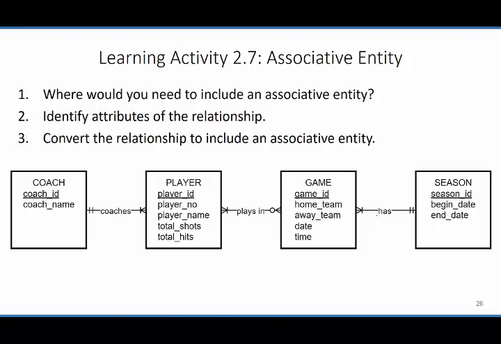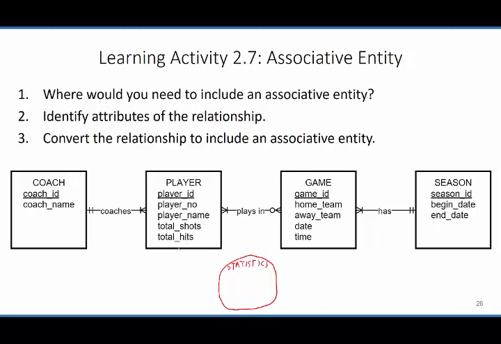Alright, welcome back. So where did you identify that we needed an associative entity? You probably noticed that we have a many-to-many relationship here, and so we'll always need to model it as an associative entity there. So I'm going to create my ugly associative entity, and I'm going to call this statistics, meaning player statistics during a game.